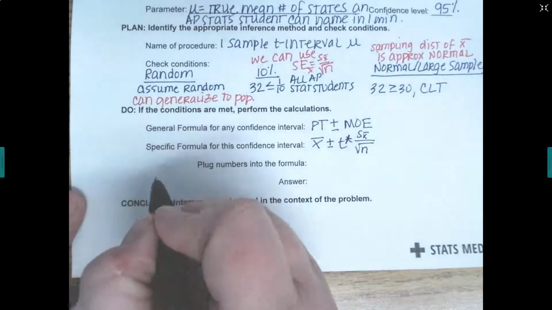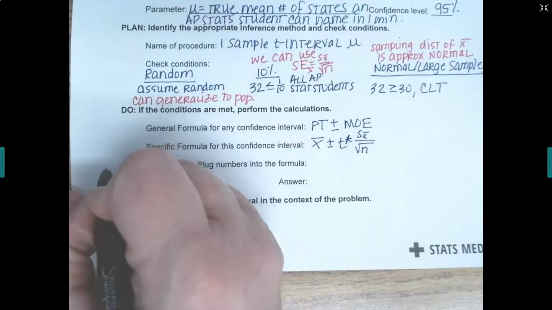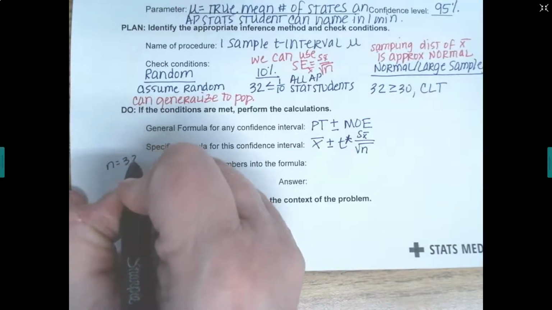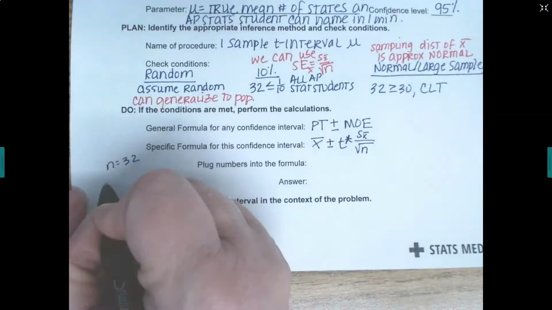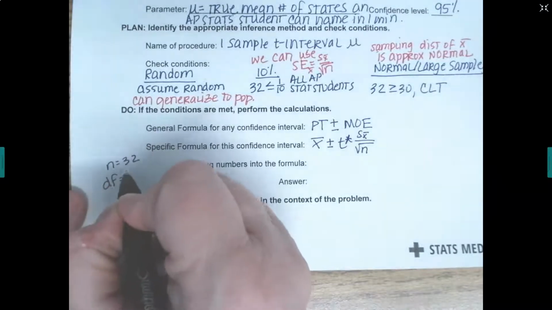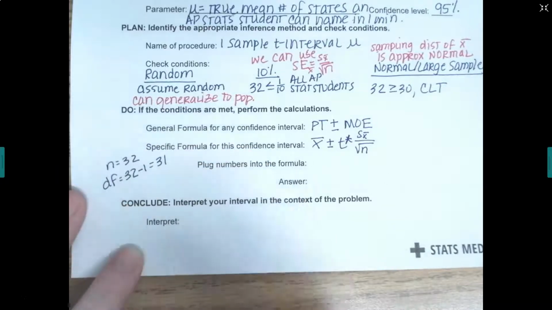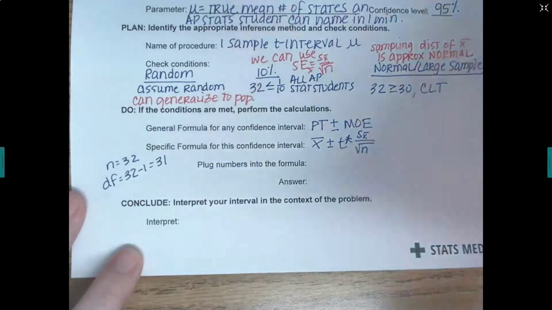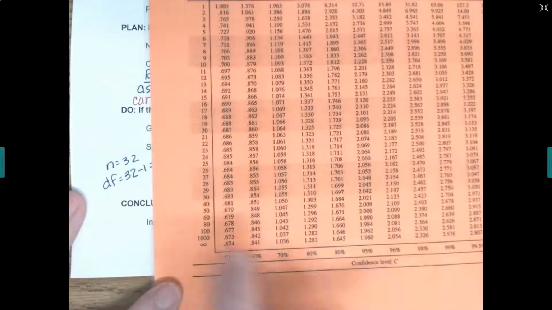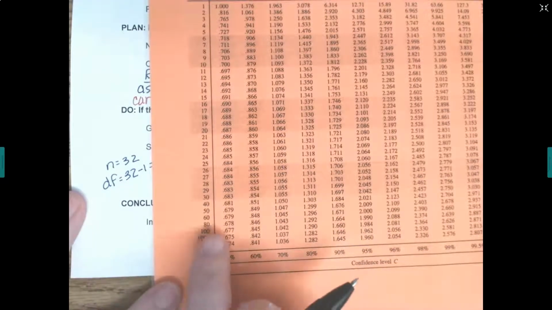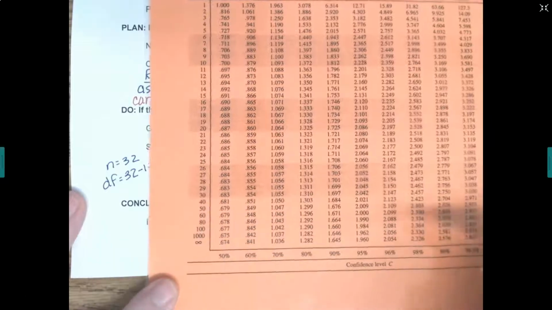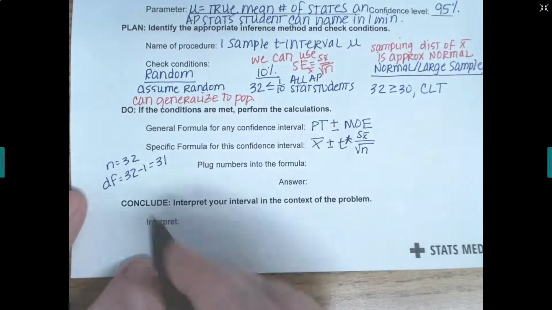For our t star, we had a sample size of 32. Degrees of freedom equals 32 minus 1, which is 31. But if we look at our handy-dandy table, there is no 31. So remember, you always round down. So we'll end up using a degrees of freedom of 30.